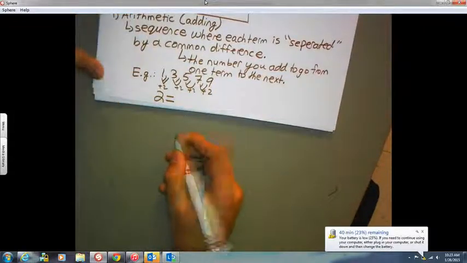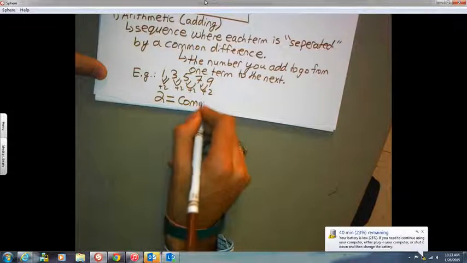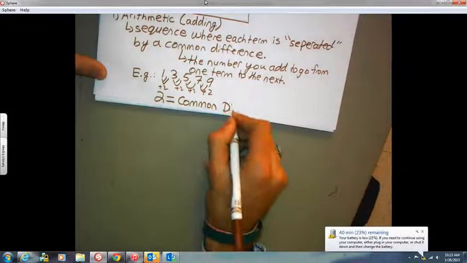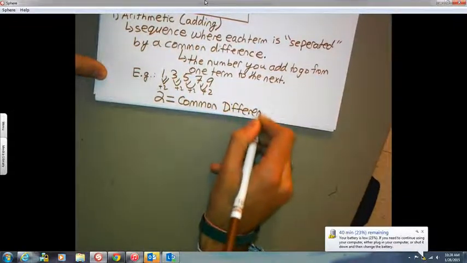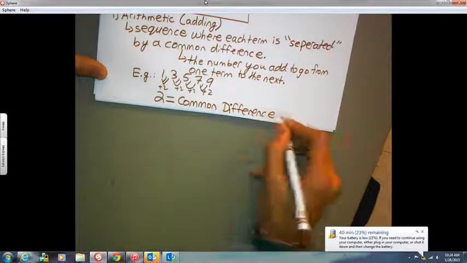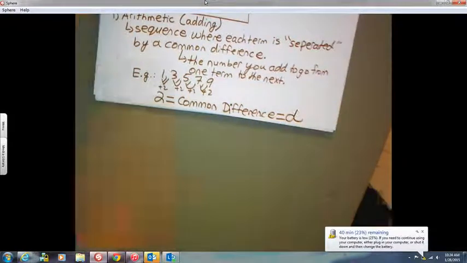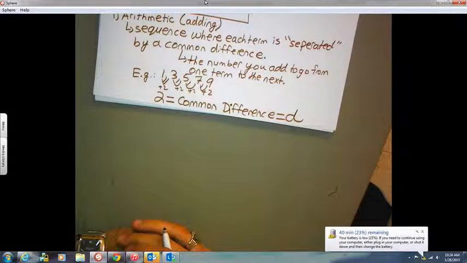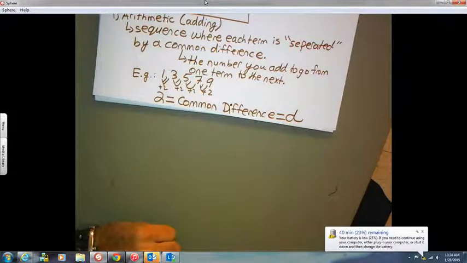This is what I add to go from one term to the next, and we abbreviate the common difference with the letter D. So, yeah, go ahead, Abel. When you put D, is that always the common difference, or would it be something else? No, it's always the common difference.